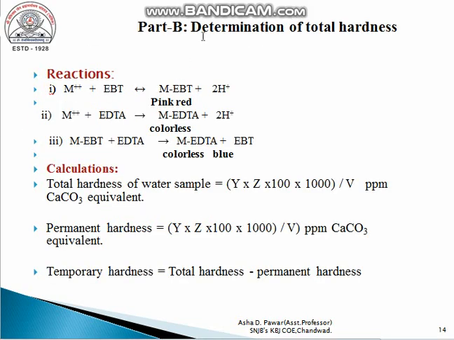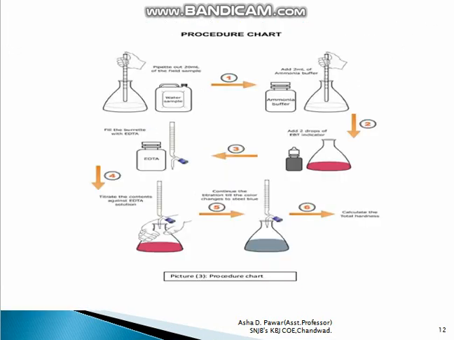Then what is exactly part B? Part B is the actual hardness estimation, that is first of all we calculate the total hardness of the given water sample with the help of indicator EBT and buffer solution. The procedure is again similar to part A. We take a 100 ml or 25 ml water sample in a conical flask, then add buffer solution having pH 10, 10 to 15 ml, and then 2-3 drops of EBT indicator.